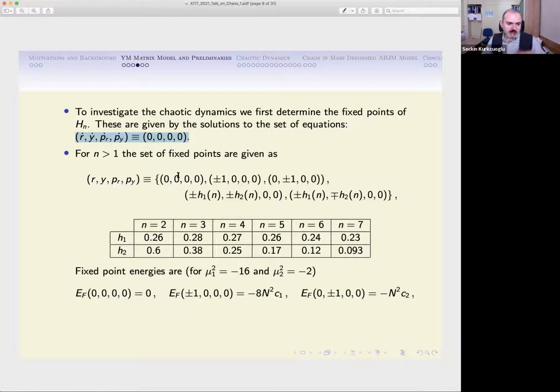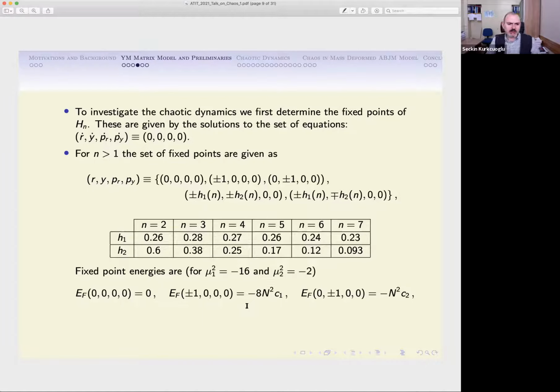And one can then solve these equations at given matrix level and find the fixed points. I have listed the fixed points here for the cases of the matrices n equals up to 7. And for these tachyonic masses, I have listed also the energies at these fixed points.